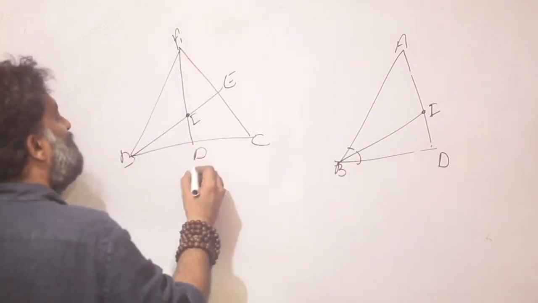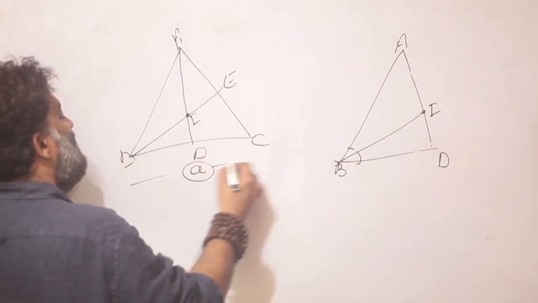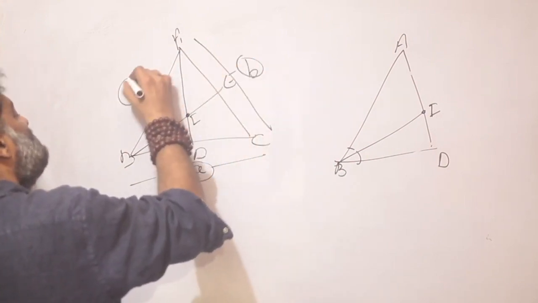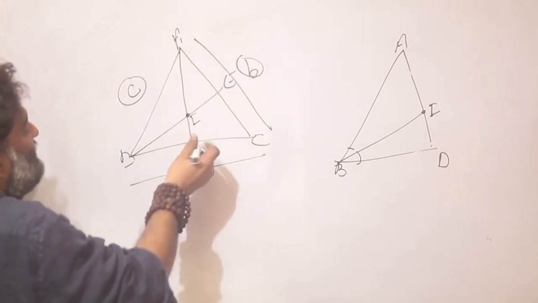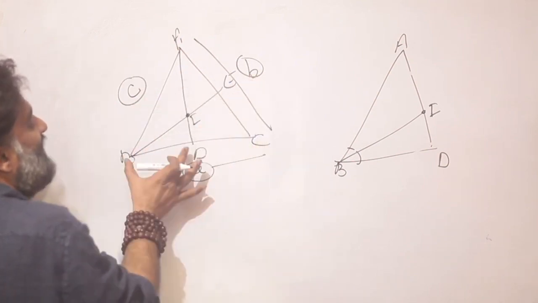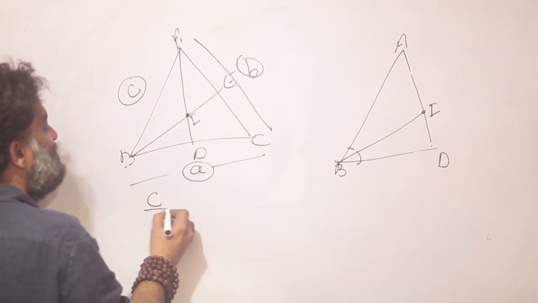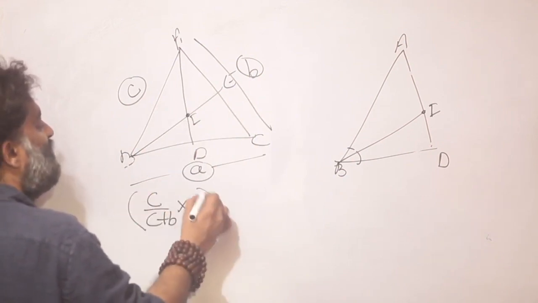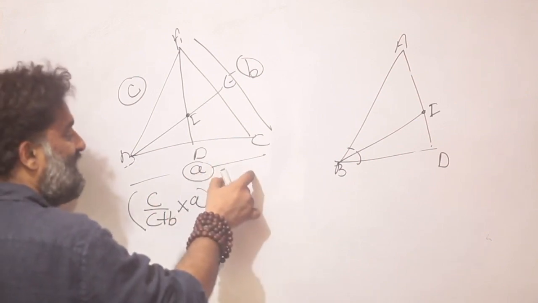Go back to your basic terms. This side is A, this side is B, and this side is C. This angle bisector divided BC in the ratio C is to B. That means this part is going to be C upon C plus B into A, as we saw earlier. I can figure out this part also.